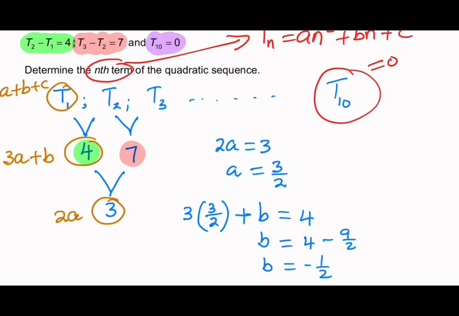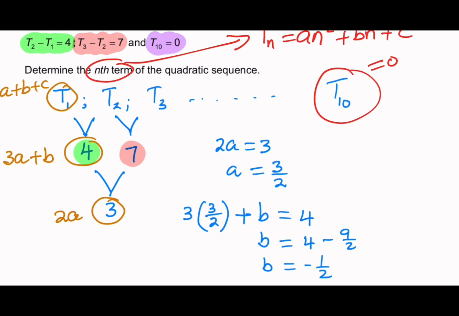On a typical quadratic sequence, we are usually given T1 and we just take a plus b plus c. By this time we already have a and b, and we just sub that in and find c. But the problem is we don't have T1 in this situation. So this is not going to work. The a plus b plus c is not going to help us.